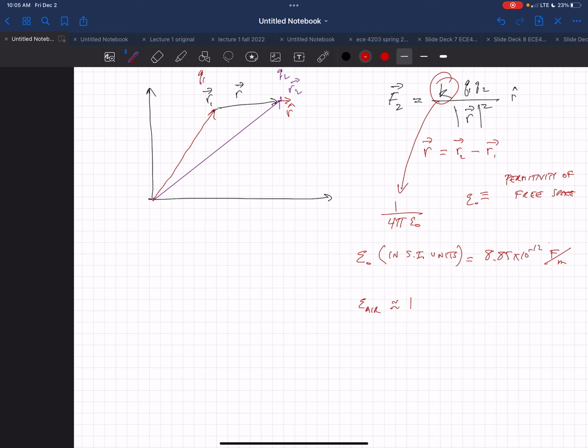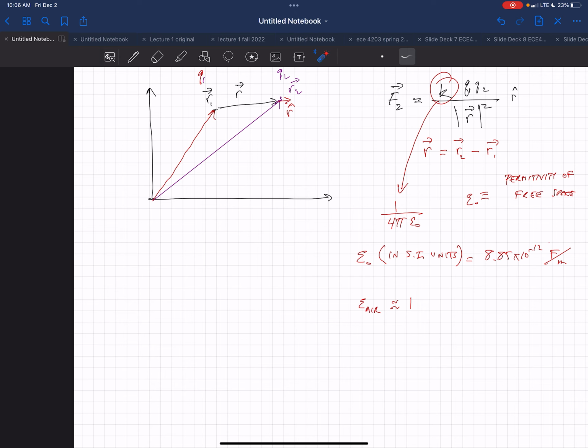The epsilon naught would get multiplied by that dielectric constant, and because that's in the denominator, that would make the force less. So the maximum force between these two charges would be in a vacuum. In any other medium it would be less, and the parameter that tells you how much less is the dielectric constant of that medium.